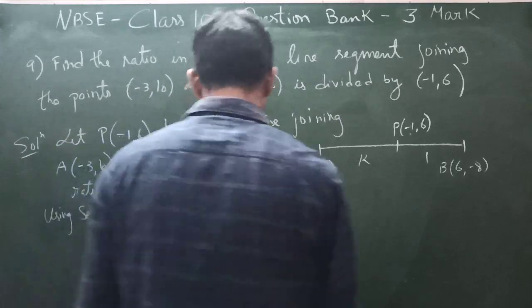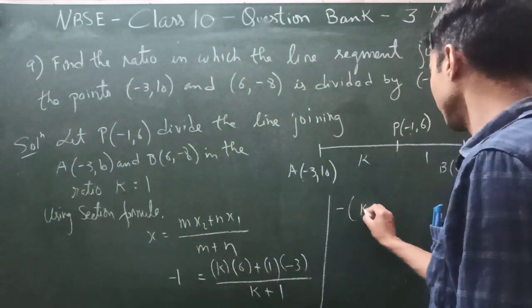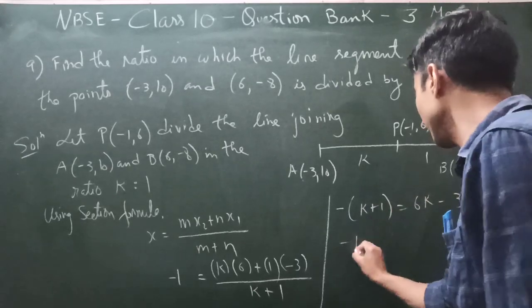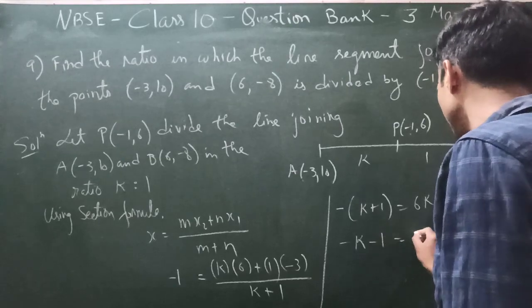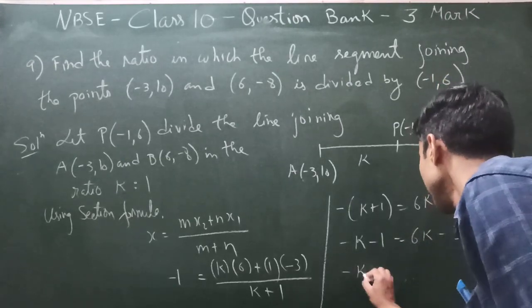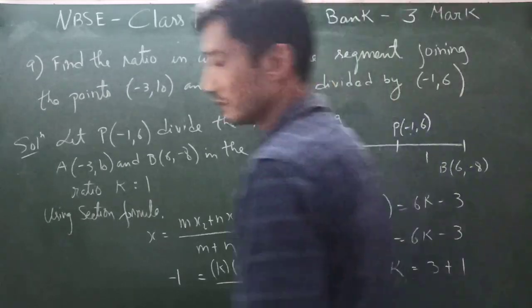If we cross multiply, that will be minus of k plus 1 is equal to 6k minus 3. Simplifying, minus k minus 1 is equal to 6k minus 3. So that's like minus k minus 6k is equal to minus 3 plus 1.